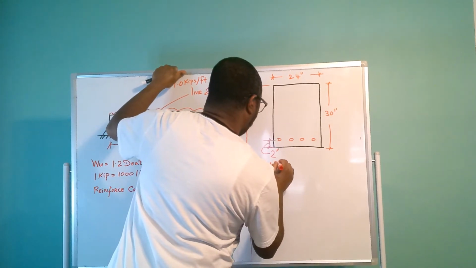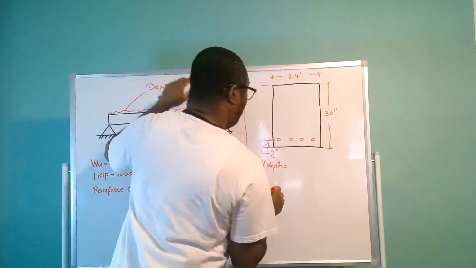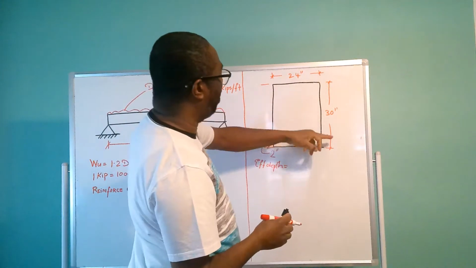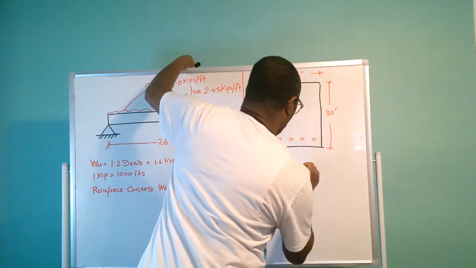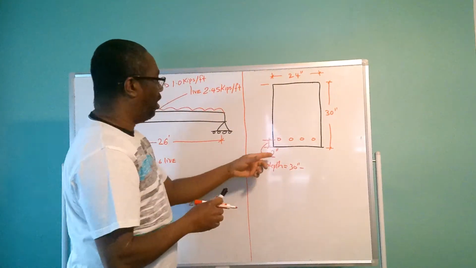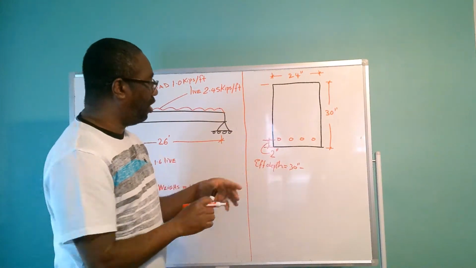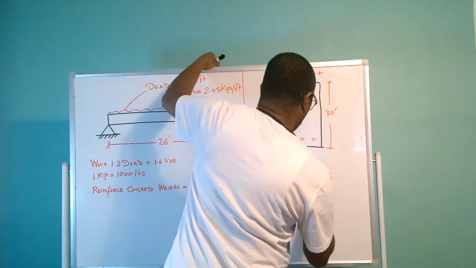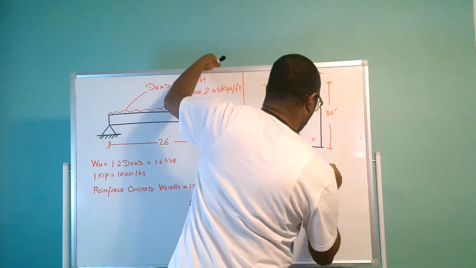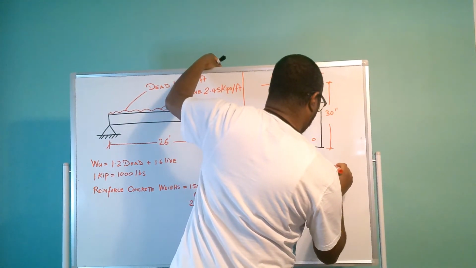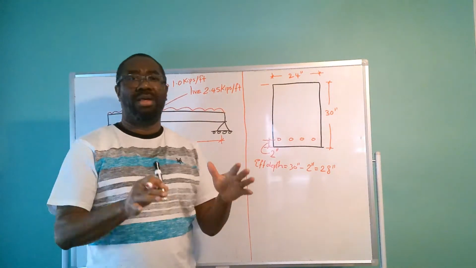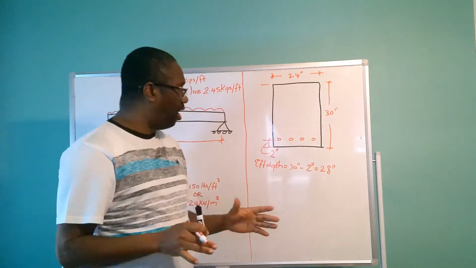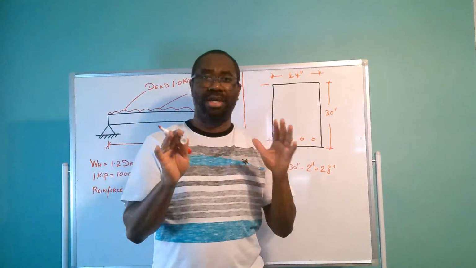The beam has an overall depth of 30 inches, and we're going to subtract this 2 inches from the 30 inches, and that is going to equal 28 inches. So this beam has an effective depth of 28 inches.